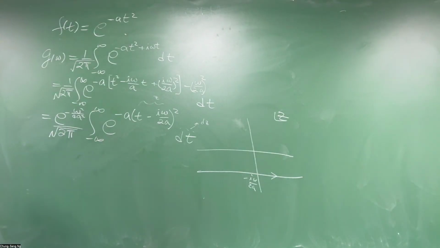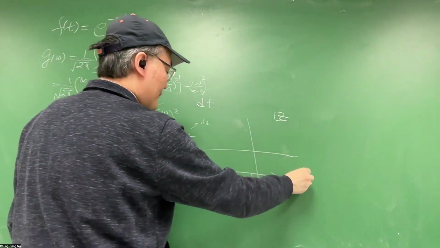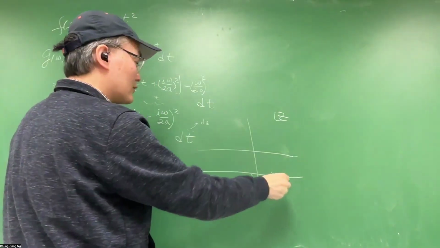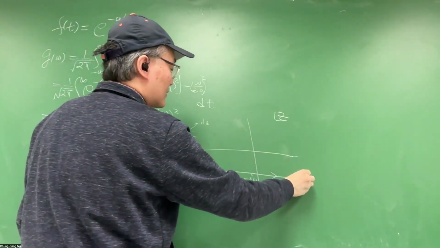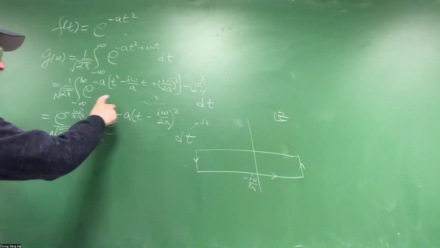But in order to apply the Gaussian formula, you want to integrate along the real axis. So what you need to argue is that the function has no singularity. If you close the loop this way, this will give you 0.